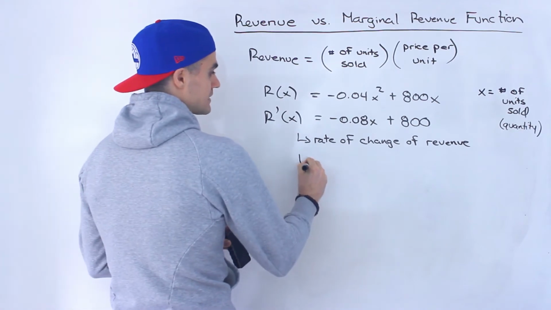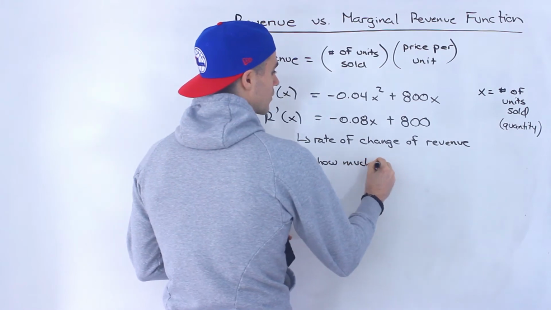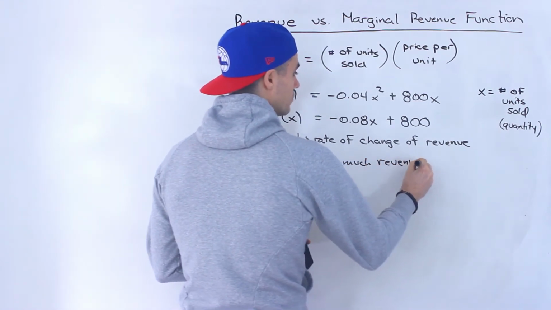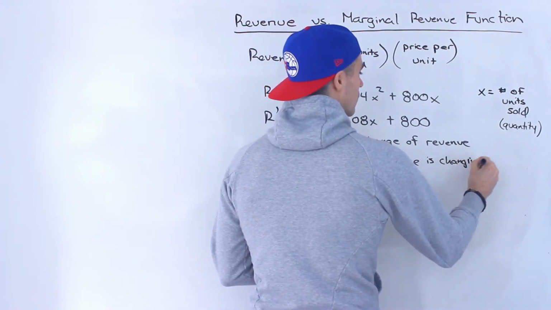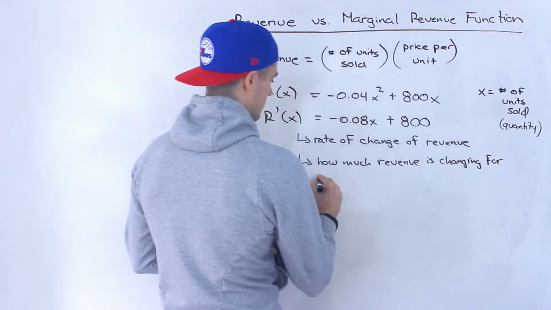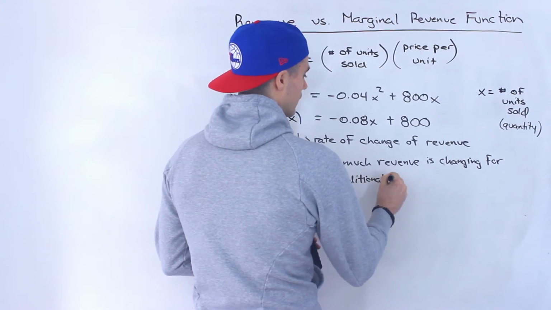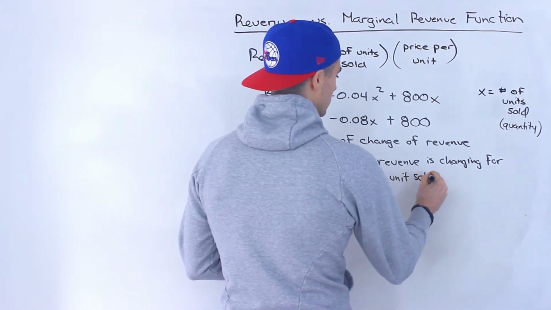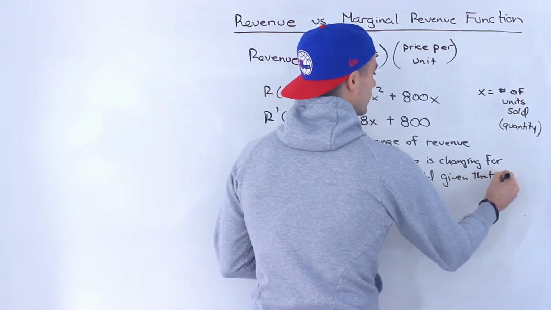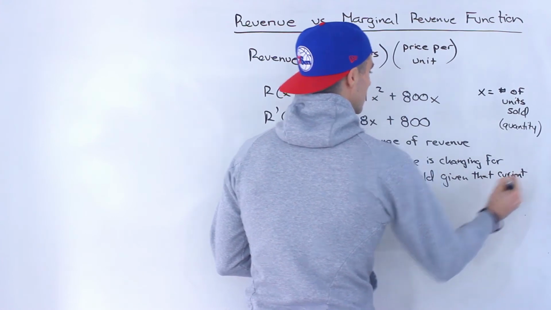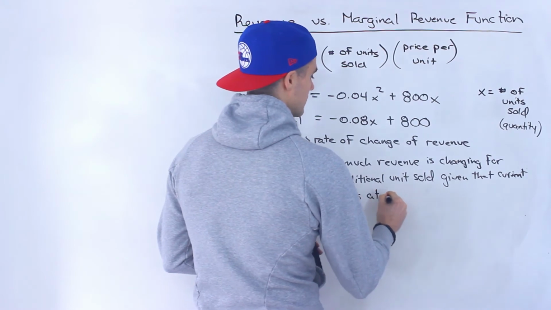All right, so it's basically how much revenue, total revenue, is changing for an additional unit sold given that current sales is at X units.